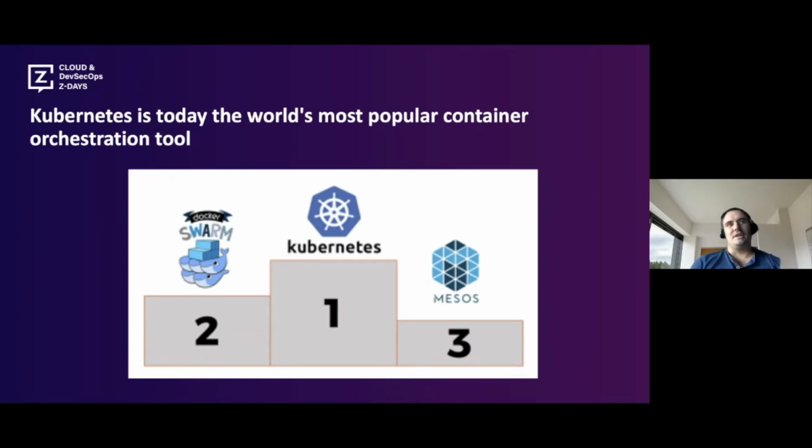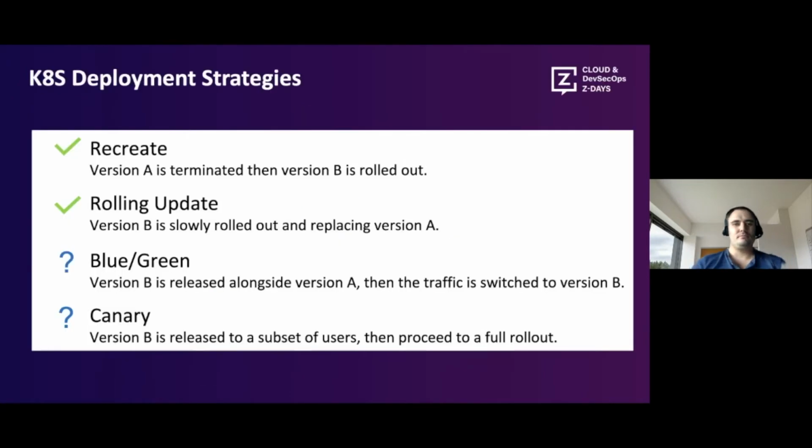You could use Jenkins for this, but I will tell you later why it's not suited for Kubernetes in some cases. Kubernetes supports deployment strategies like create and rolling update, and unfortunately, it doesn't support BlueGreen and Canary deployment.